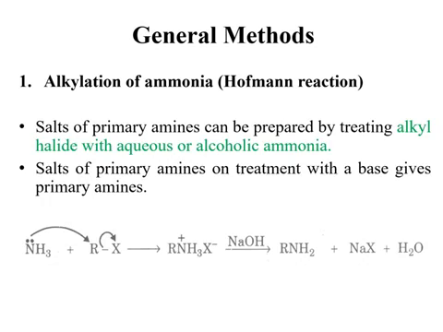But our target is to prepare an amine. So we need to break this salt. To break this salt, we shall add an alkali. The alkali will break this salt because the cation of the alkali has a stronger affinity for X as compared to ammonia.